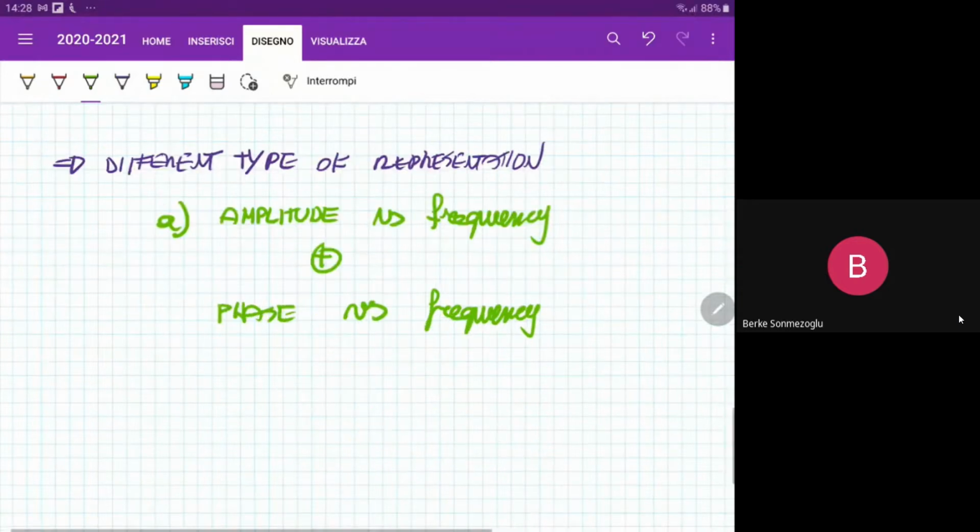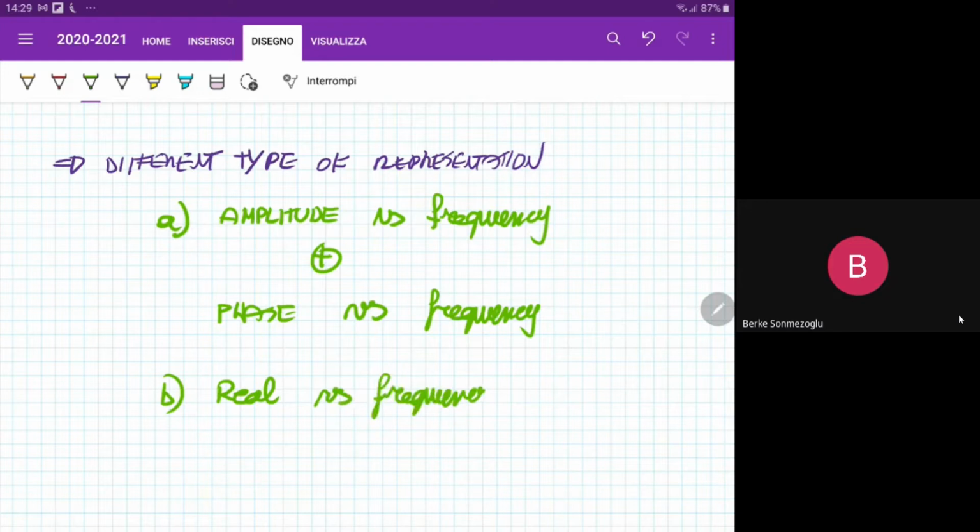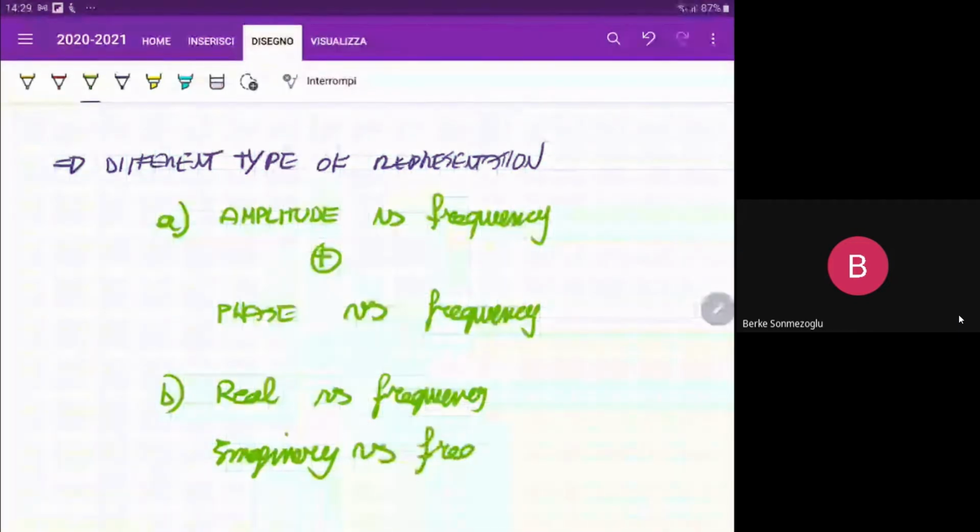Okay, the second representation, B, is the real part versus frequency, or the imaginary part versus frequency.